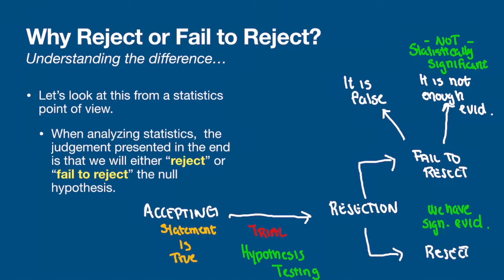Now, I don't want you to get too hung up on these concepts here. As we go through the semester, we're going to do some statistics and we'll do some testing, some hypothesis testing. And I think as we go through that, you'll begin to develop a deeper understanding of what we mean by these terms.